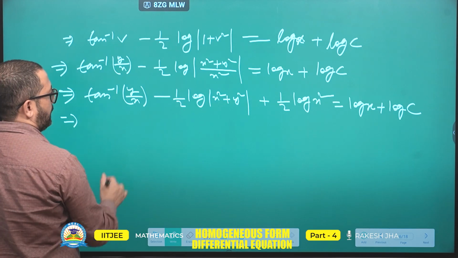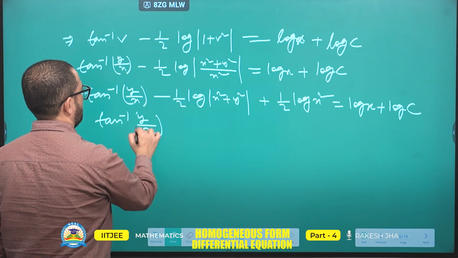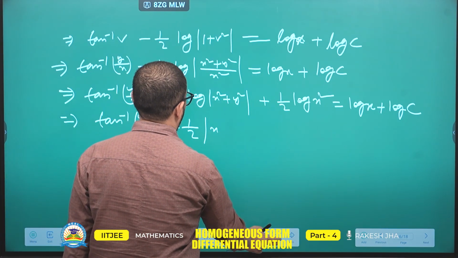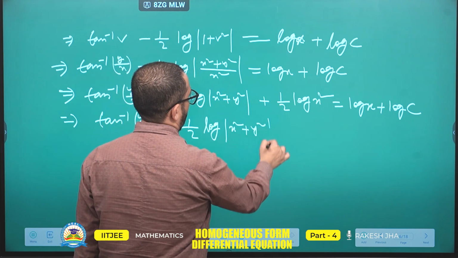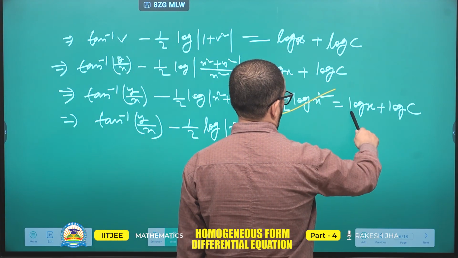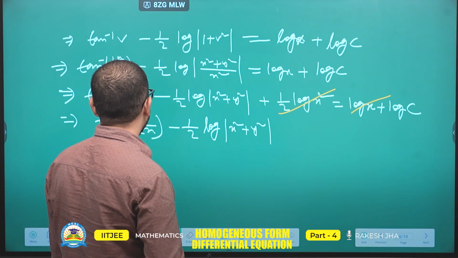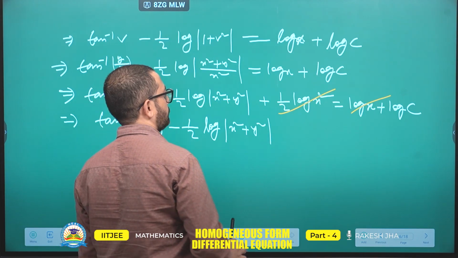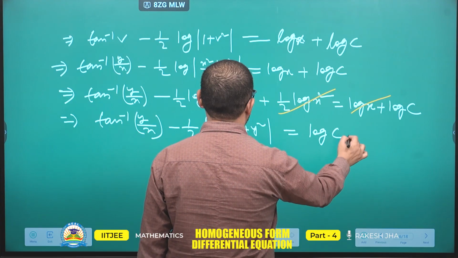So the next step would be tan inverse y upon x minus half times x square, it will be here log x square plus y square, and this portion will get cancelled because x and x are both same here. So it will come this side, nothing is left here, so you can write here log c.